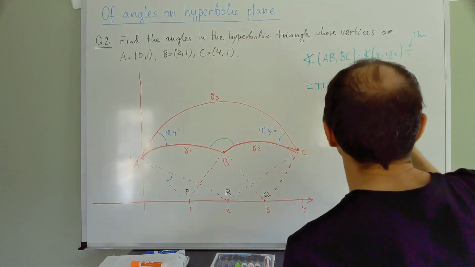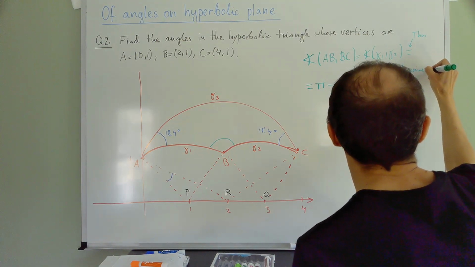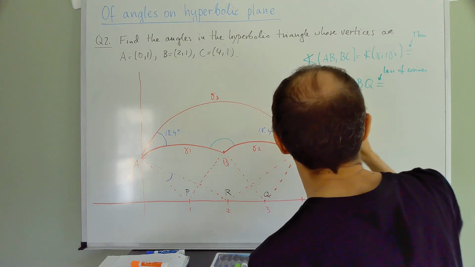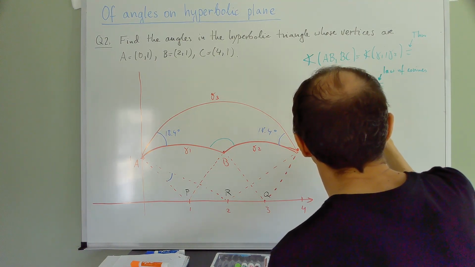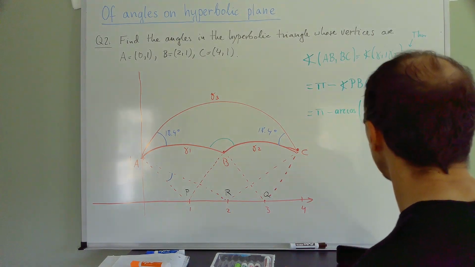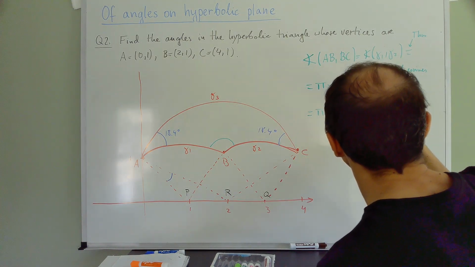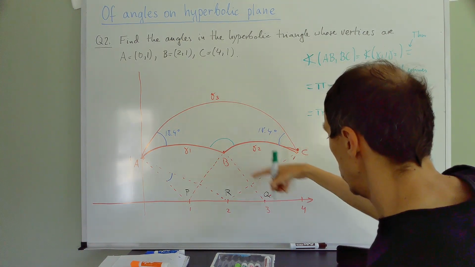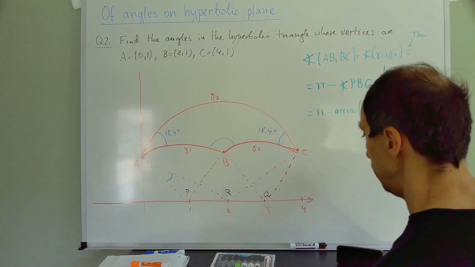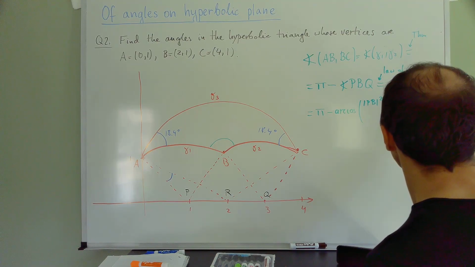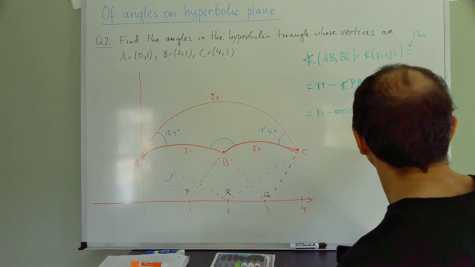Well, again, we just use the law of cosines on the plane. So it's pi minus arc cosine of PBQ: PB squared plus BQ squared minus PQ squared, divided by 2 PB BQ.